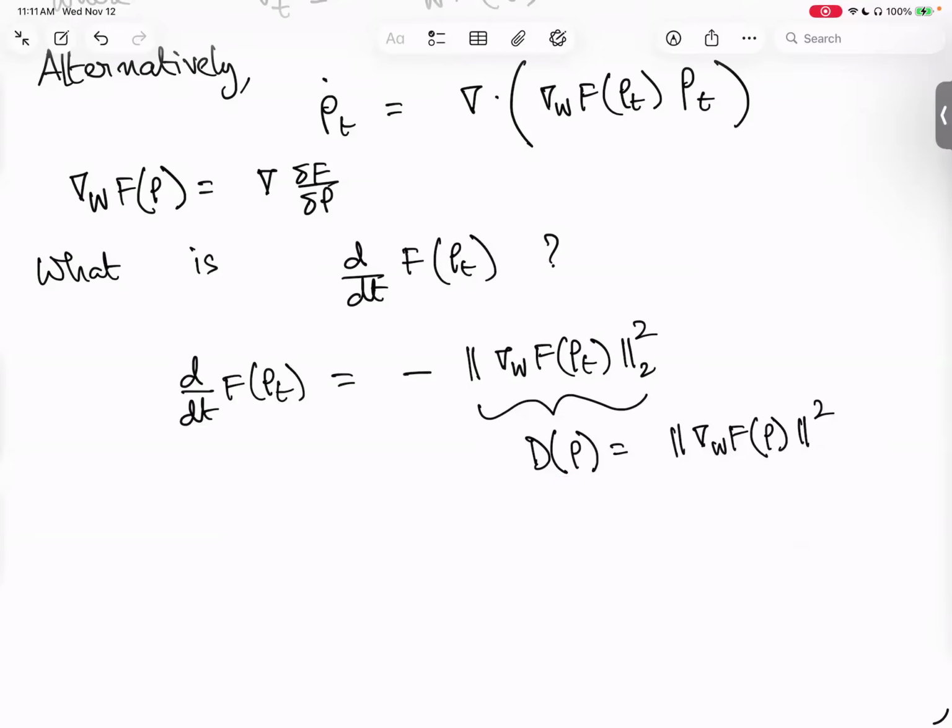For example, when f is entropy, my D of rho is the Fisher information. When my f is relative entropy, my D of rho is the relative Fisher information. So there are examples that we actually know. So I have these three quantities here, three objects.